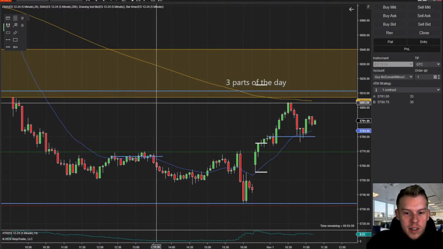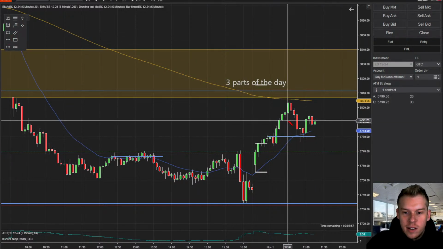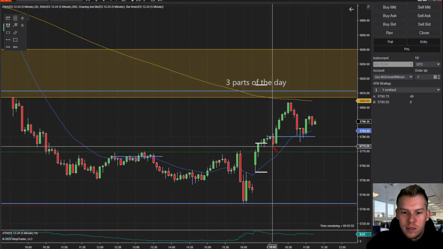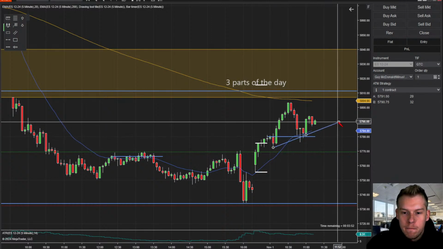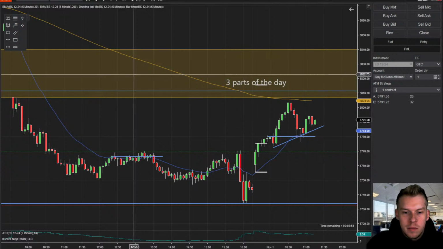So the mini here, it's starting to look a bit like a triangle. Maybe something like this.